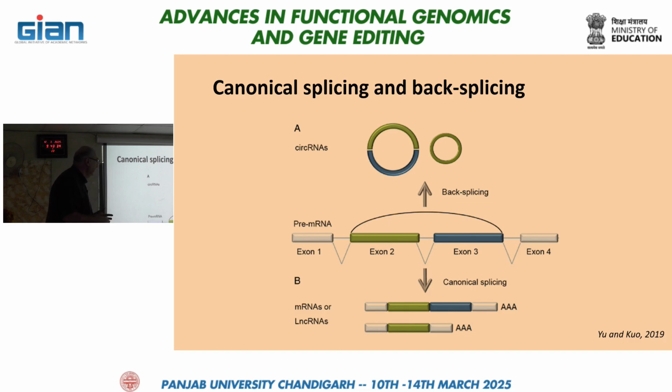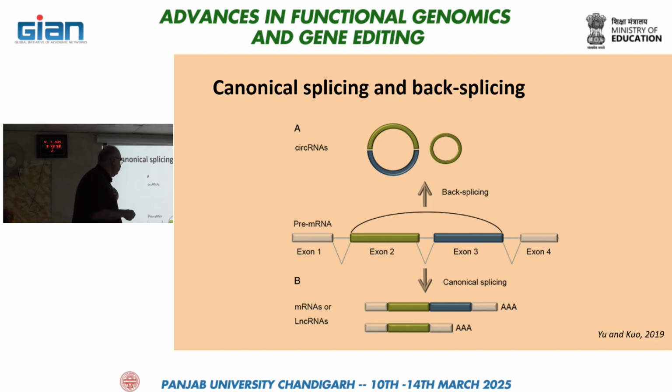It means that instead of connecting this splice site with this splice site and removing the intron, it does somehow the opposite reaction and joins this site with this site, forming circular RNAs.